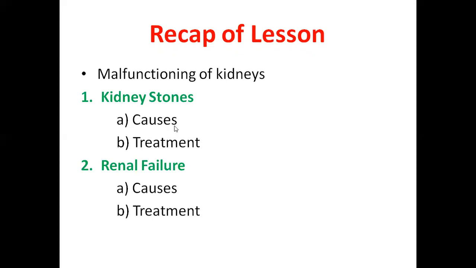While studying kidney stones in detail, we discussed how kidney stones are formed and what the main causes are, and then we discussed the treatment strategies. Then came renal failure. We discussed what renal failure is and its causes. I mentioned the treatment methods for renal failure, but in detail we are going to discuss them in the next lesson.